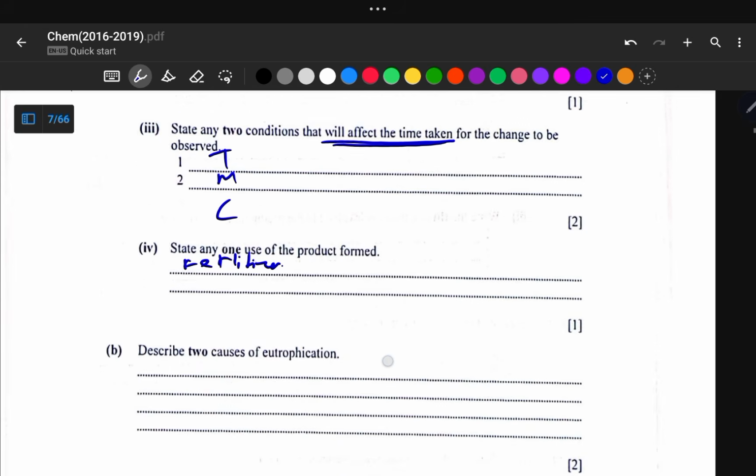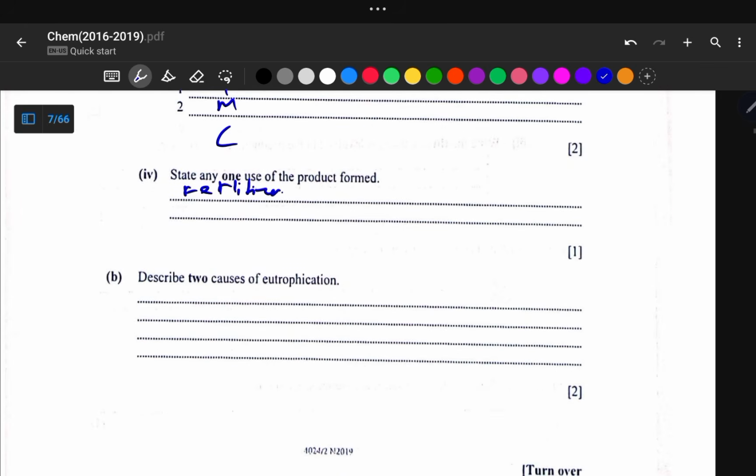And then describe the two causes of eutrophication. So the two causes of eutrophication: agricultural runoff or increase in the concentration of fertilizers, and then sewage discharge, right?